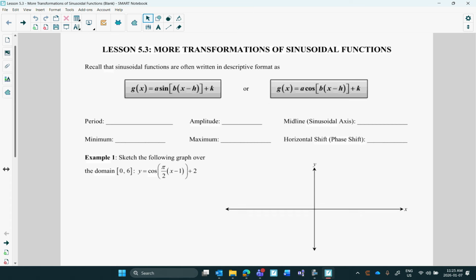So just as a quick review, when we're given a sine function or a cosine function, how do we figure out what the period is? It's one of the letters.